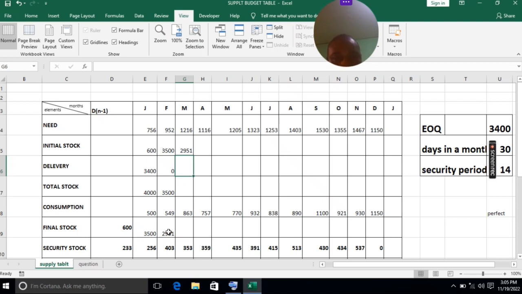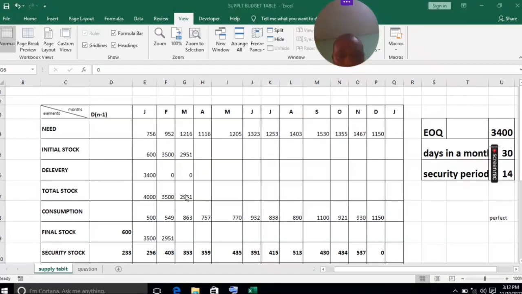Then our initial stock is still greater than the need, so we need no replenishment. So our total stock will still be equal to initial stock plus 0, which will be equal to 2,951.